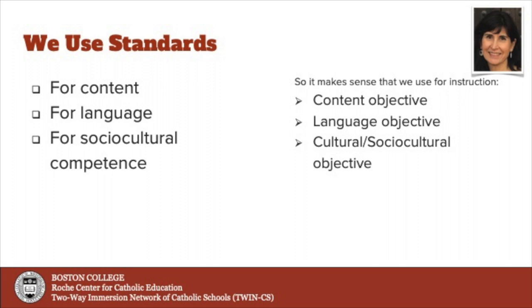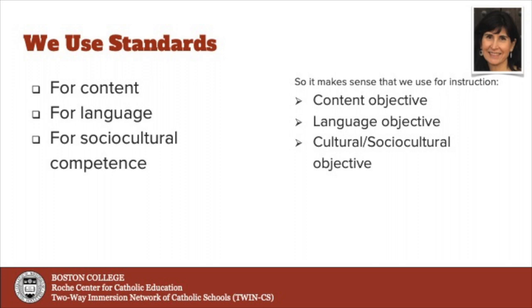So we use standards for content, and they're given to you by each subject. We have the ELA and Math Common Core standards. We have the Next Generation Science Standards, Social Studies, and National Association standards. We also use standards for language, and for each of your states, you should look into the English as a Second Language standards.